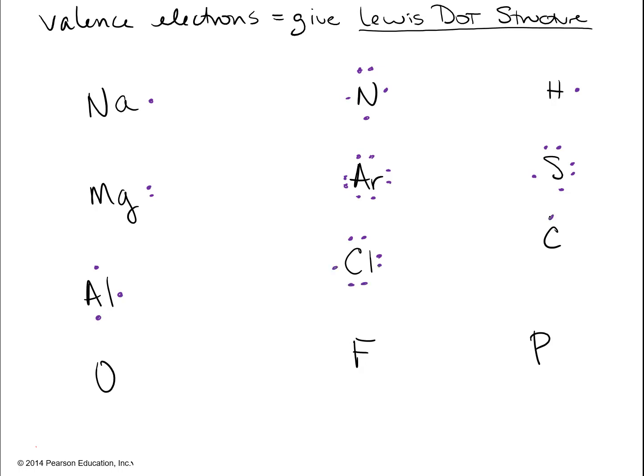Carbon? Oxygen? 6. Remember I said it wouldn't matter, just make sure that you spread them out. And then fluorine. And the last one is phosphorus. 5. Okay, so just remember it's based on the group number at the top of the column. Just make sure that you spread them out.